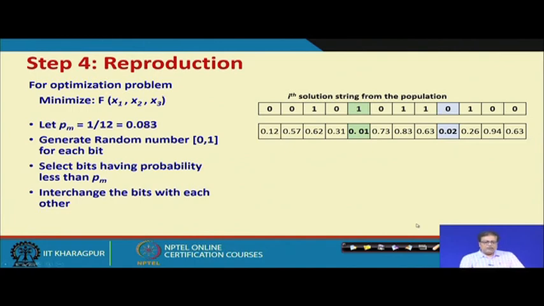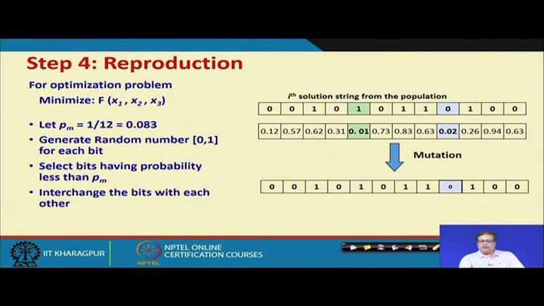In this particular case we have gone for interchanging of bits. So, you see the interchange is happening. What has happened? The 1 has become 0 and 0 has become 1. That is the kind of mutation that we have introduced in this particular case.